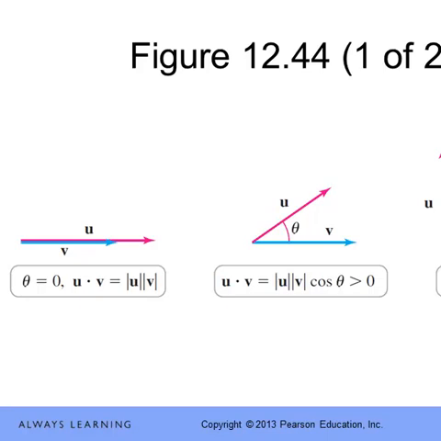Now, of course, if the two vectors are orthogonal to each other, at 90 degrees, the dot product is 0. The scalar is 0, not the vector is 0, but the scalar is 0.